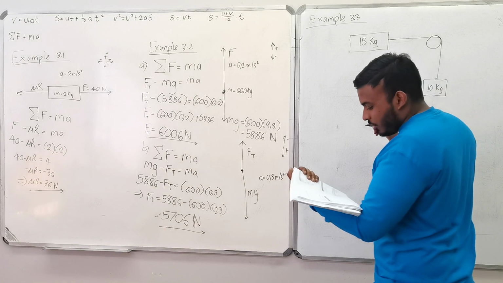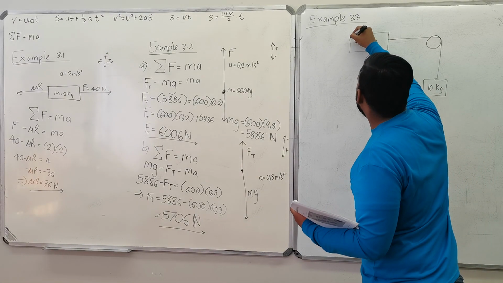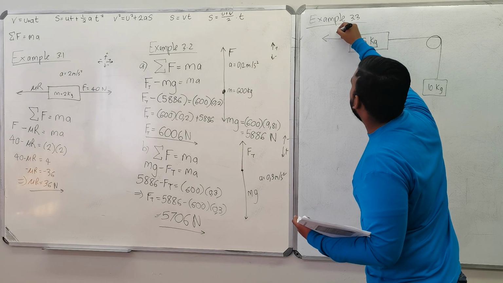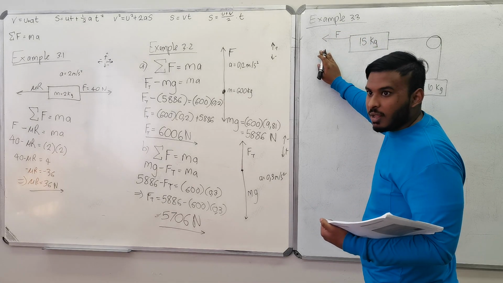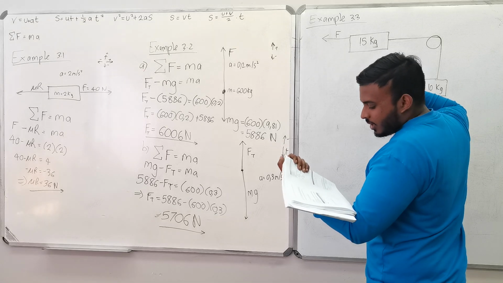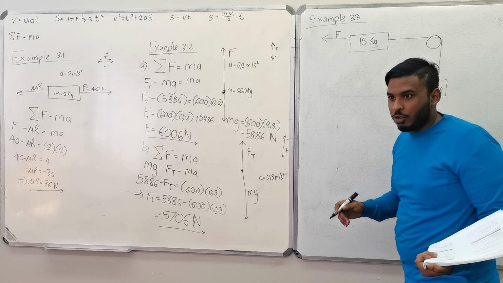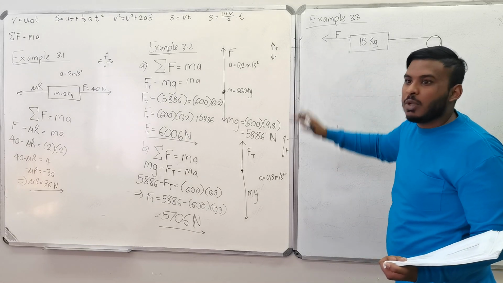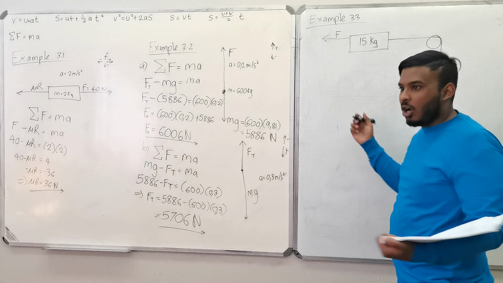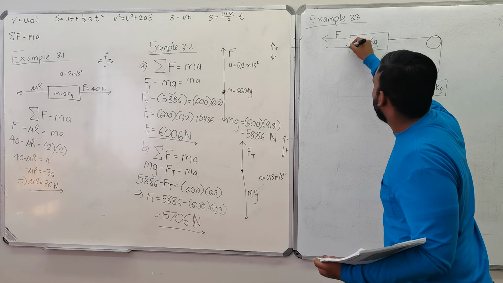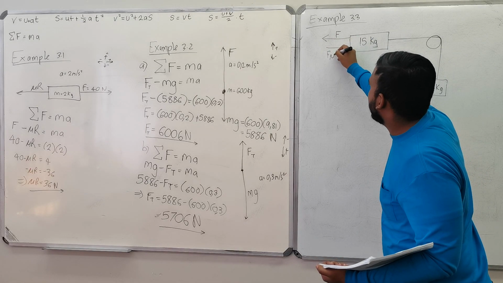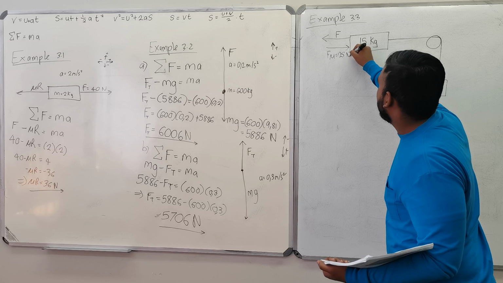So the force being applied will be in that direction. The frictional force acting on the 15 kg mass is 25 newtons. Your applied force is that way, so the frictional force is the opposite way, equal to 25 newtons.